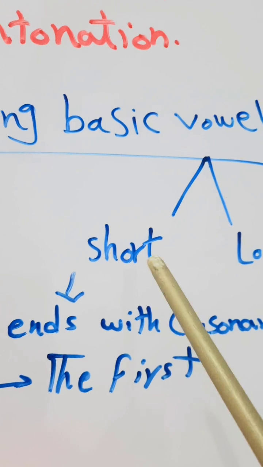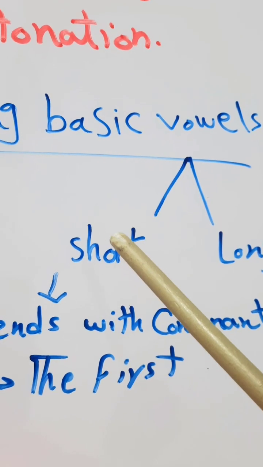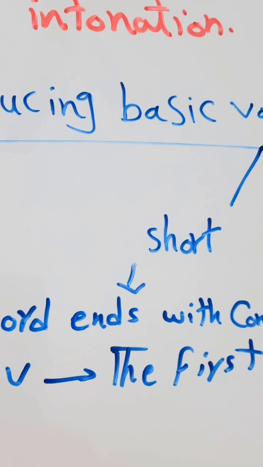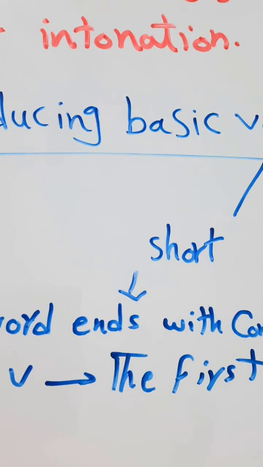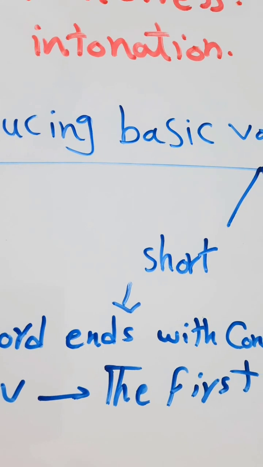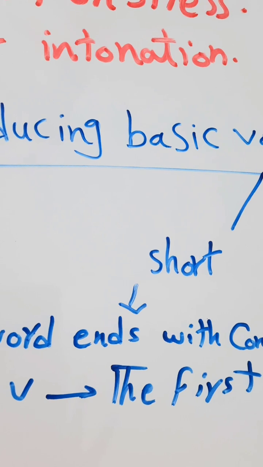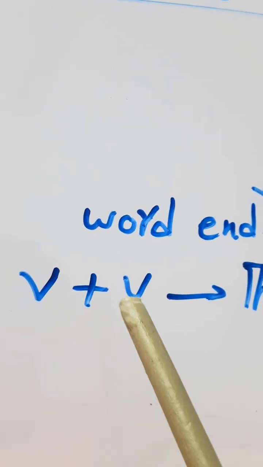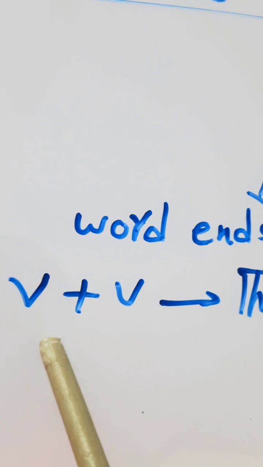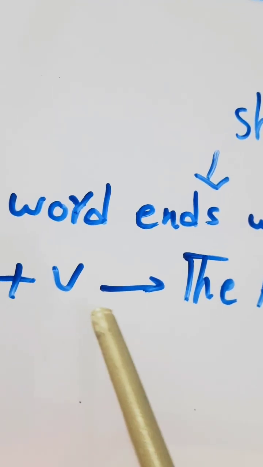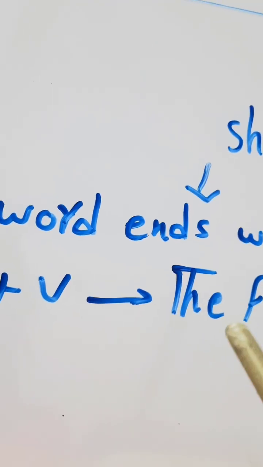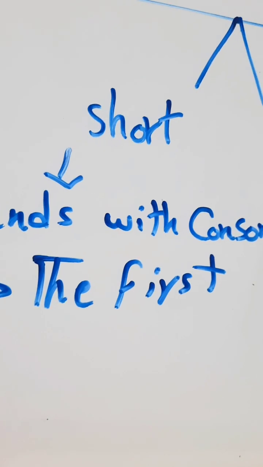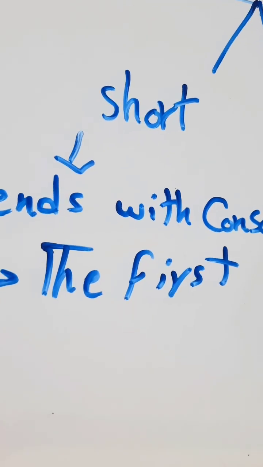You know that the short vowel is in words ending with a consonant, like mat, cat, hat, fat. And we should clarify for the students that in words that have vowel sound plus vowel sound, we will pronounce the first sound as a long vowel, but the second is silent.